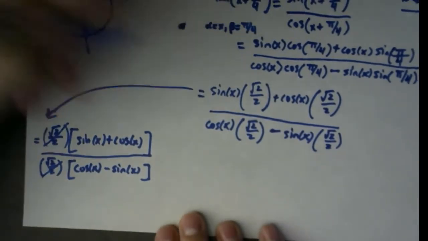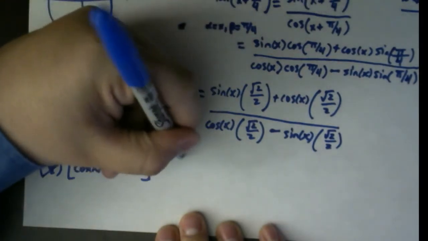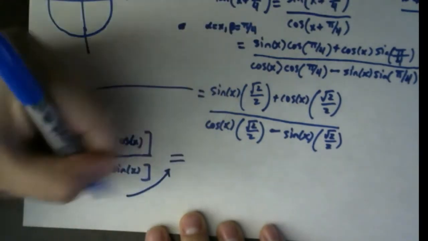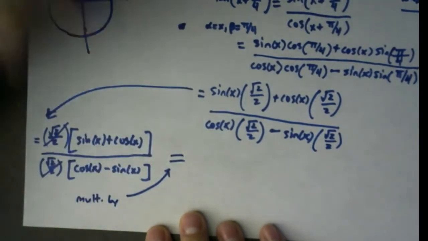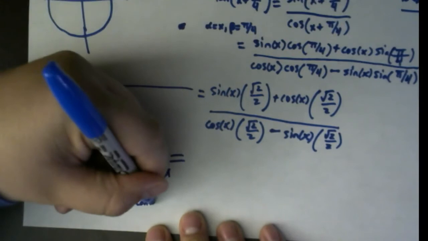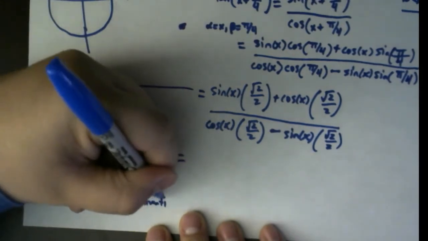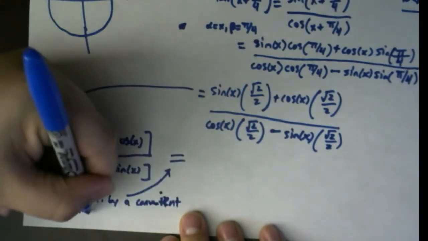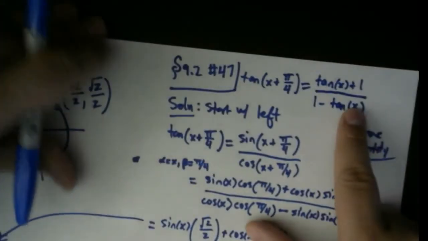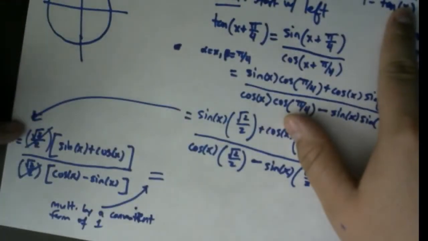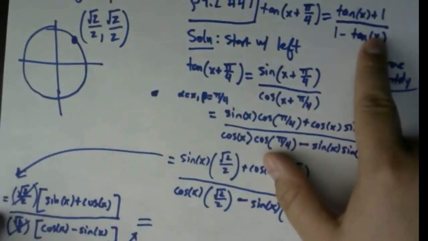What I'm going to do is what's called multiply by a convenient form of 1. Now, it's going to feel like I'm pulling this out of thin air, and I sort of am, but if you think about where you're trying to go and where you are, it starts to become clear what you need to do.